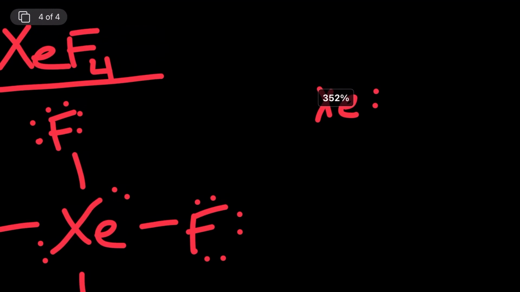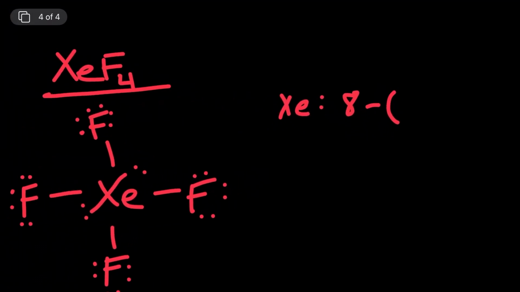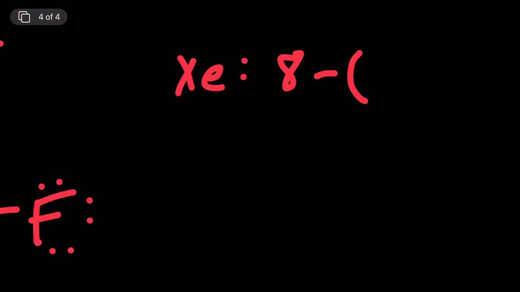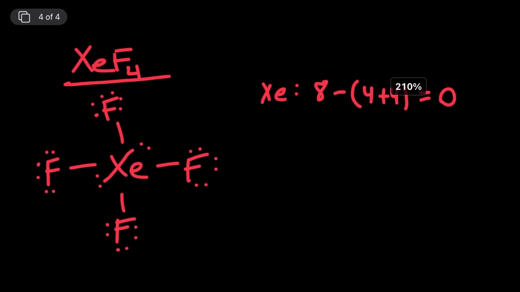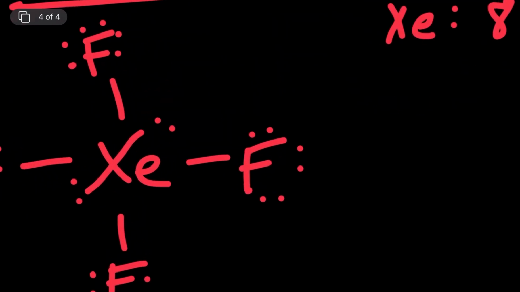Xenon has typically 8 valence electrons, and we subtract that by the number of bonds and electrons. So we have 1, 2, 3, 4 bonds and 4 electrons around xenon. So it's just 4 plus 4. And 8 minus 8 is going to be equal to 0. And that tells us that our center atom at least is good.